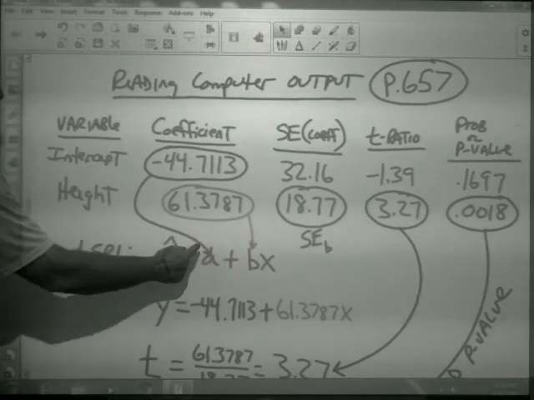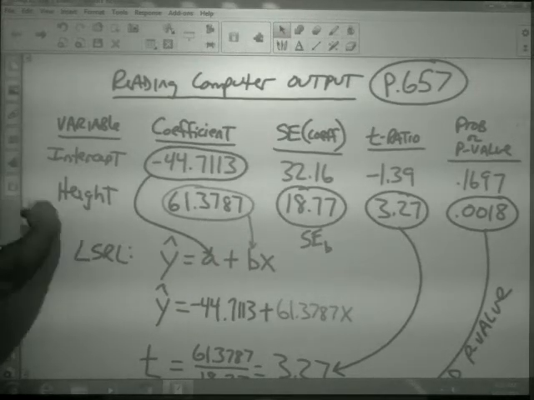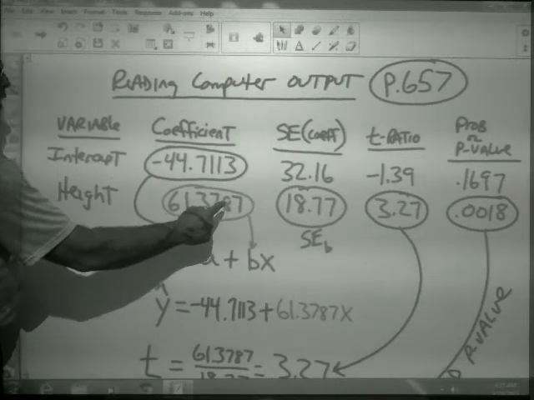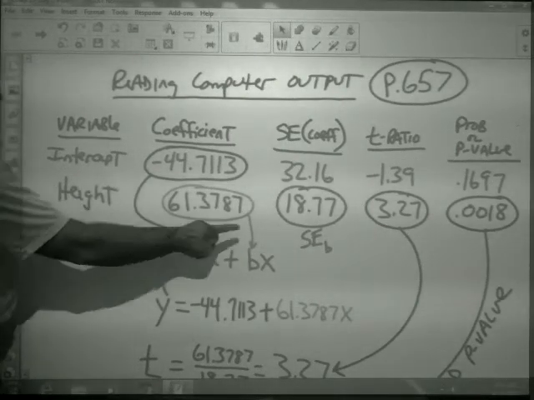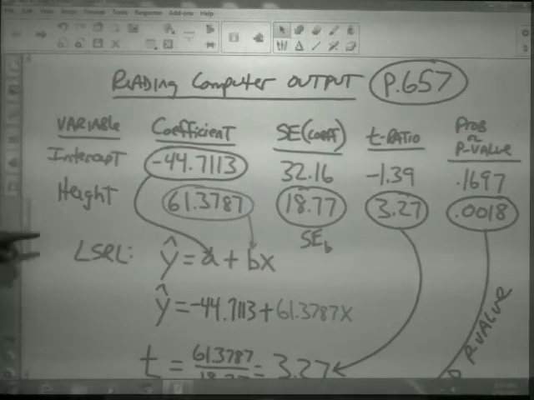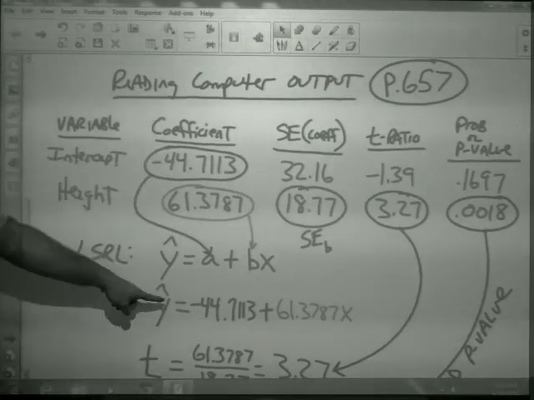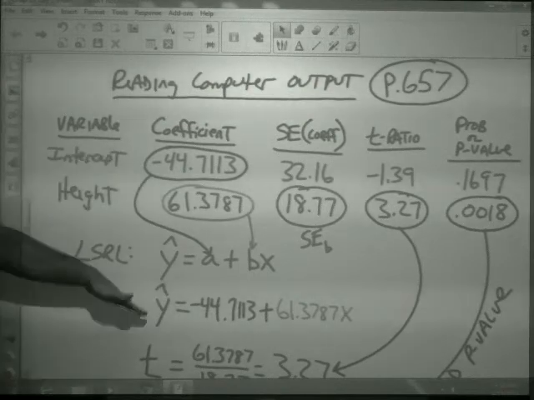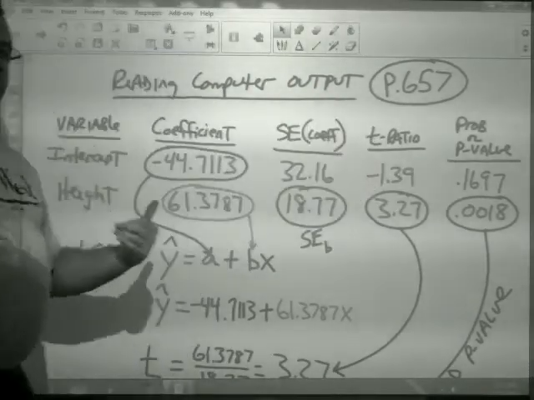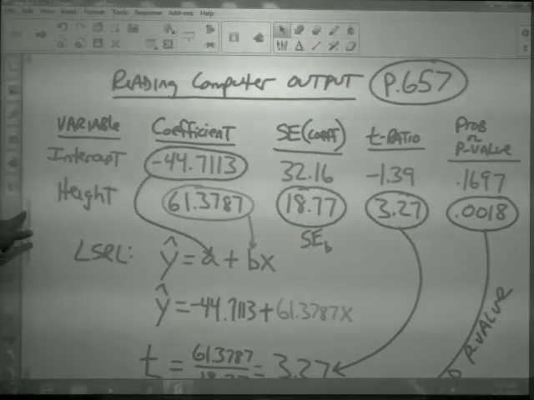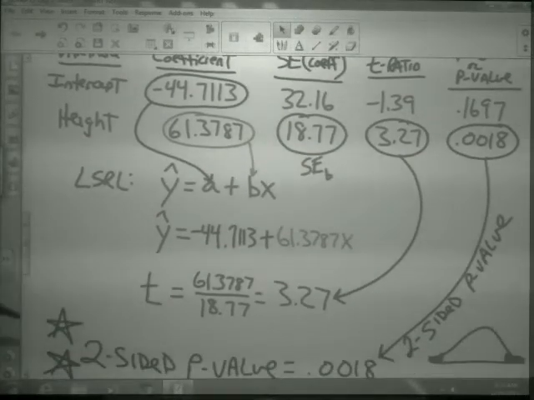A is the coefficient of the y-intercept. B is the coefficient of the x variable. The coefficient is the number. So from this information, I can write a y-hat equation. We have done this earlier in the year. The rest of this stuff, I told you was going to come later. Well, today is the day. What else does this tell us?